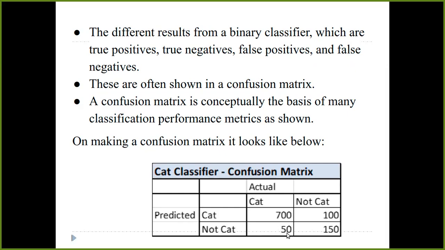Whereas for the 50, the real category of these 50 items is cat, but the model predicted them as not cat. So which of these four categories does this belong to? Of course, I removed true positives and false positives.